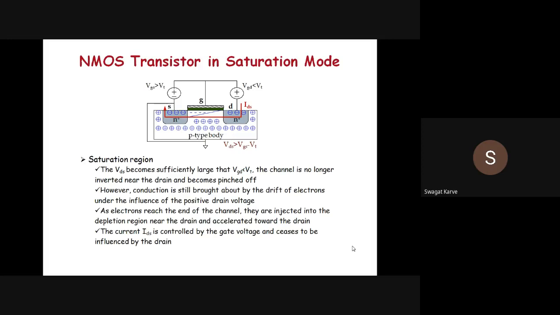But a point will come after which the opening of the channel will start closing, so that there will be a very narrow and very little space for current to flow from the drain to source.